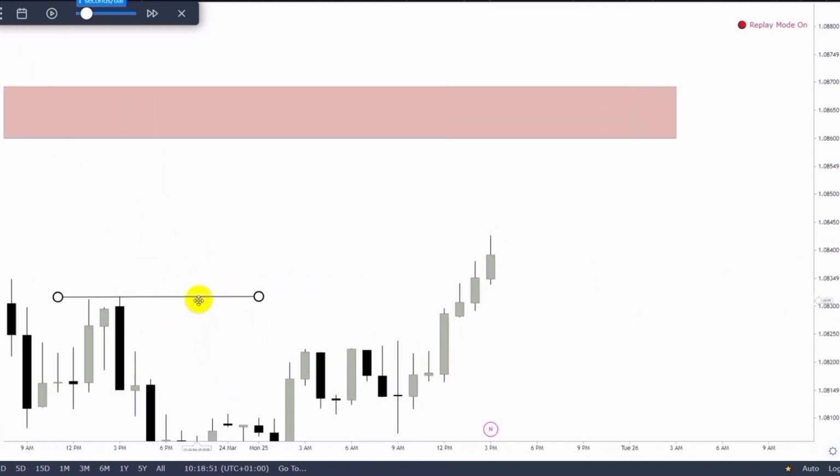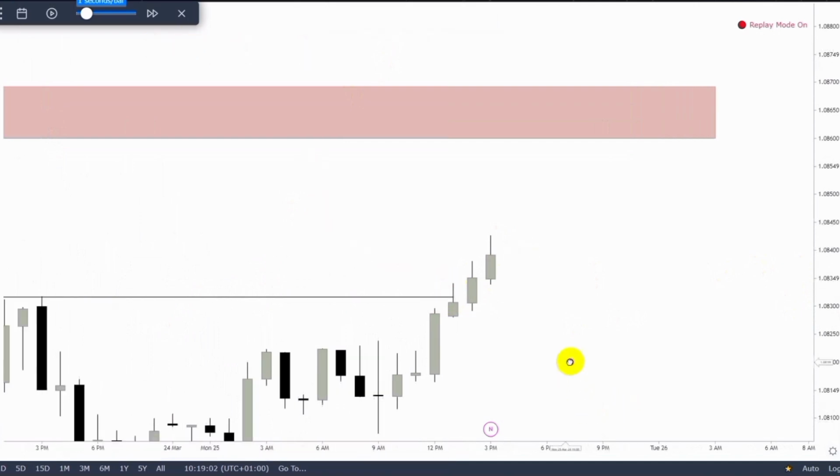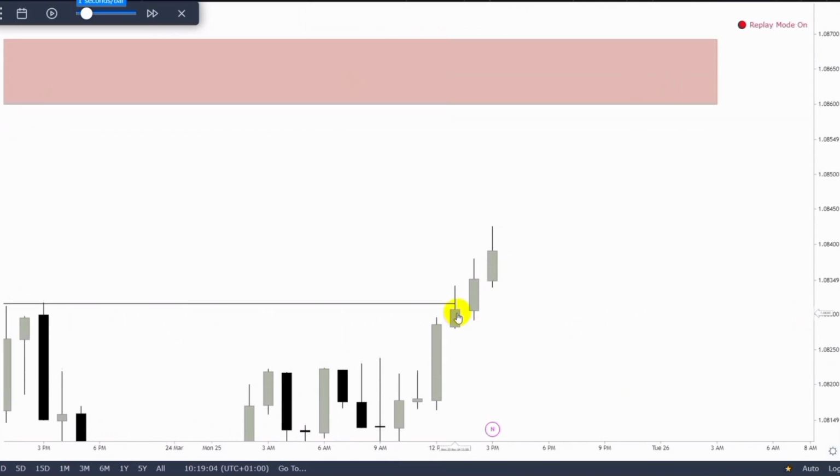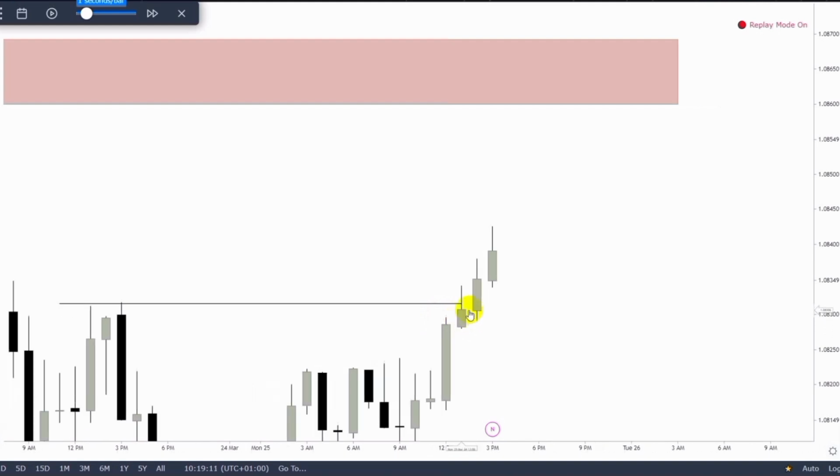You can see price took out the inducement level with this wick. But you would notice that this candle closed above the wick of the previous candle. So it's going to be risky to take entry from this particular candlestick.